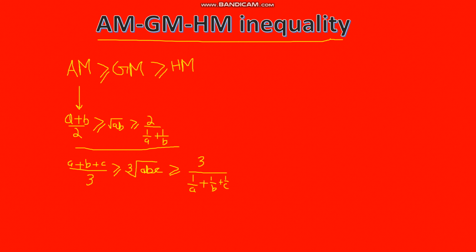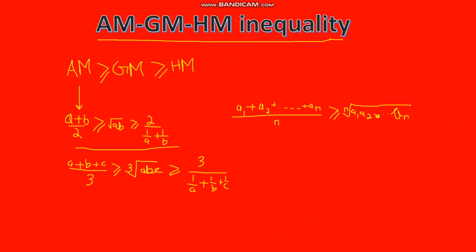And for the general form: A1 plus A2 plus, and so on up to An, all by n, is greater than or equal to the nth root of A1 times A2, multiplied and so on up to An.